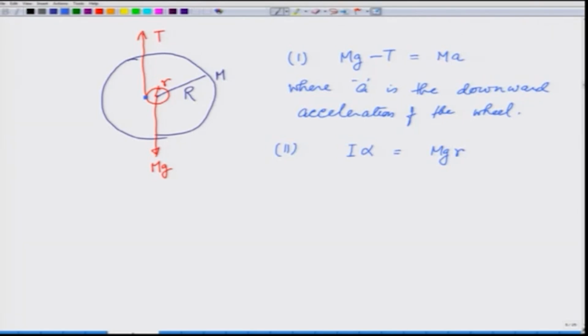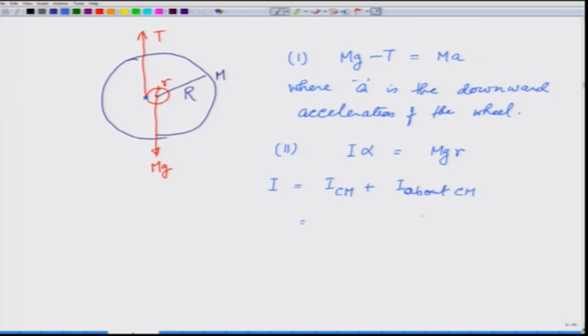What is the moment of inertia I? Moment of inertia I, if you recall from previous lectures, is moment of inertia of the CM plus moment of inertia about CM.